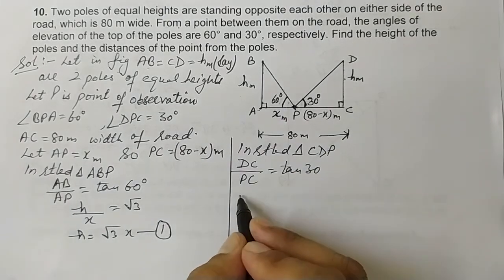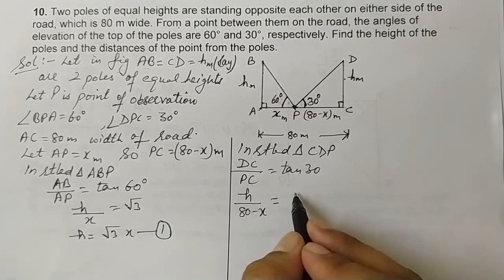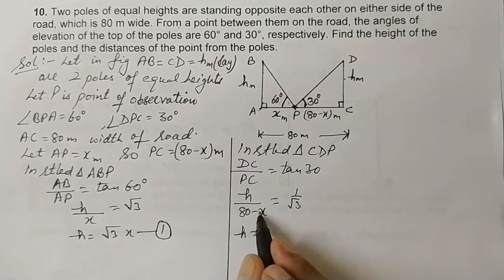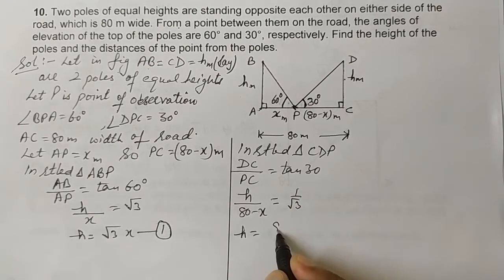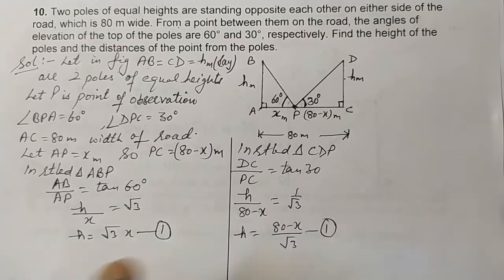So CD is h and PC is 80 minus x, and tan 30 is 1 by root 3. So h will be equal to 80 minus x over root 3, where 80 minus x goes in the numerator. Here we have both values of h, so we can equate equation 1 and equation 2 and get the value of x.